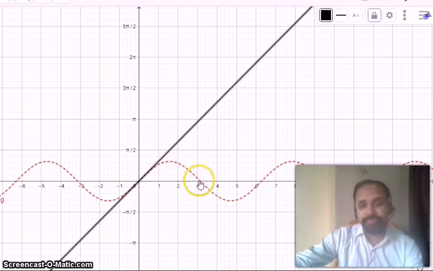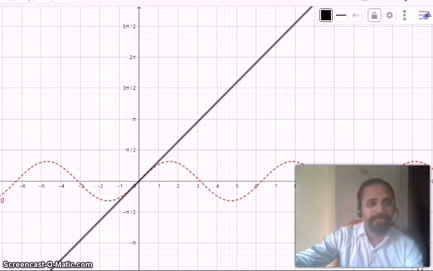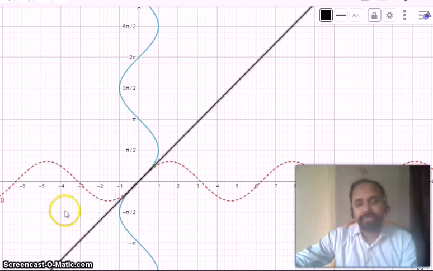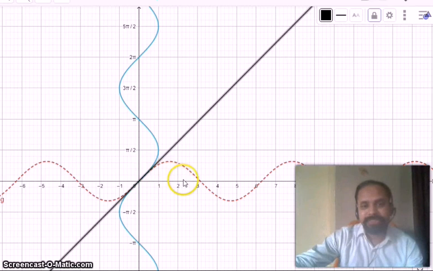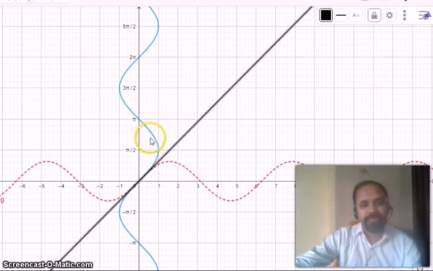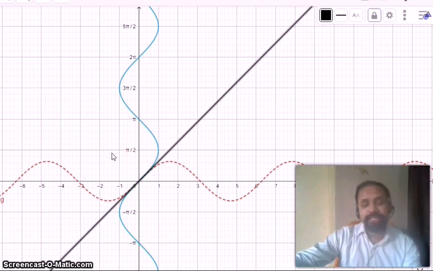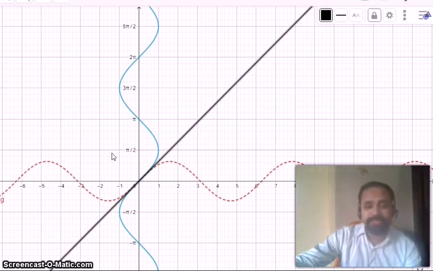So if we see the graph of y equals sine x, then the image of sine x with respect to y equals x will be like this one. As I told you, trigonometric functions are many-one, so for an invertible function we have to restrict the limit.